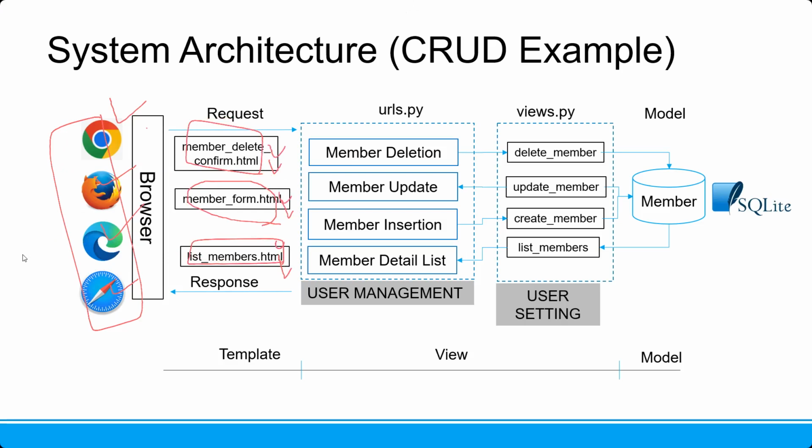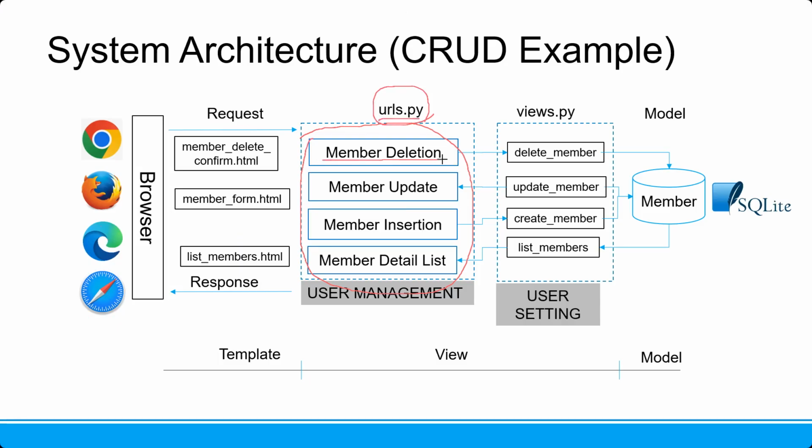And then those HTML files will connect to the urls.py. You already know what the urls.py is. In this urls.py, we have 4 links or 4 paths. The first path goes to the member deletion, the other to the member update, the other to the insertion, and the other to the member details.